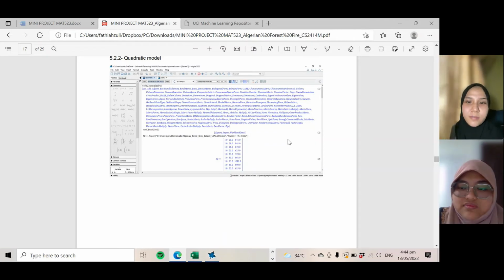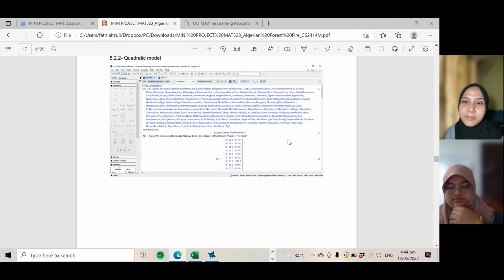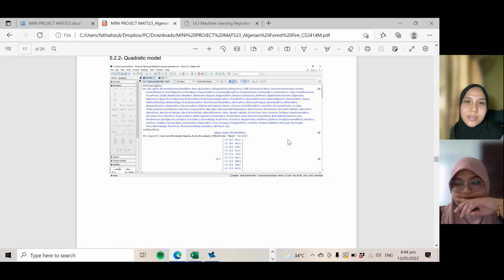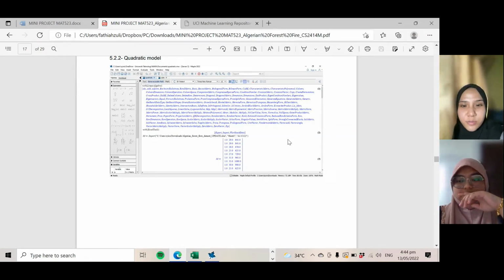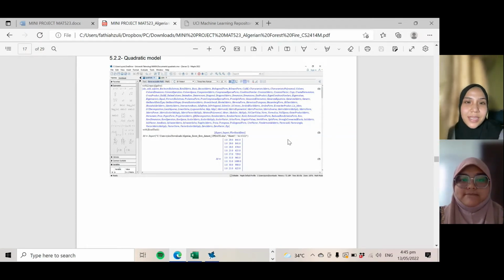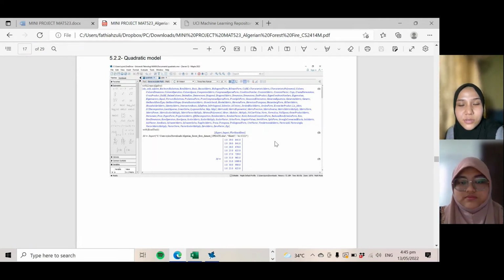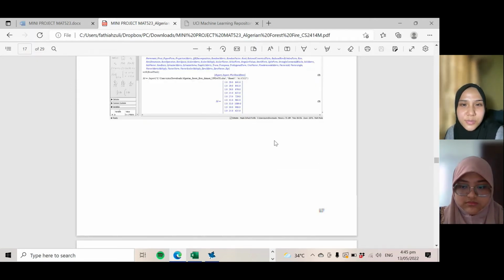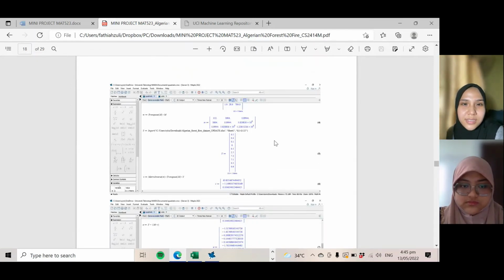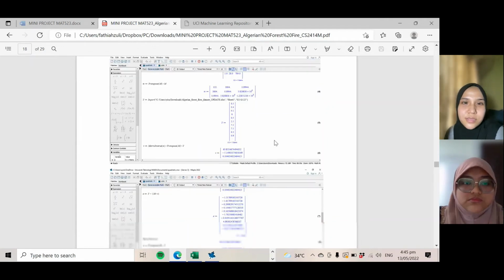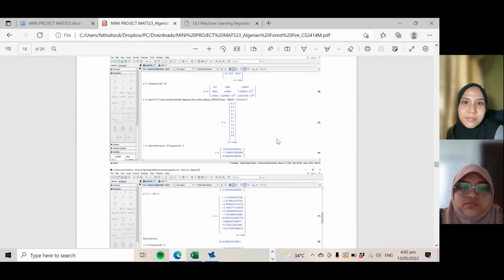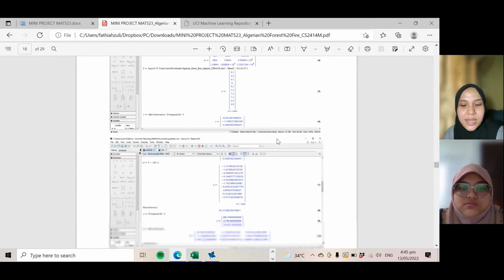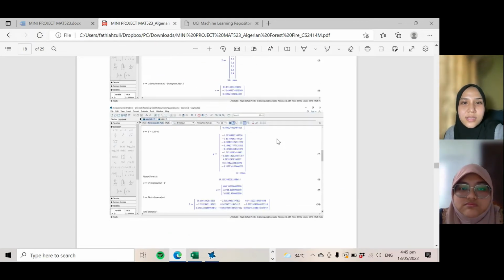In the quadratic model, we use the same coding and we search for the same things. We find the M matrix, we find the inverse of M transpose M times M transpose Y, which is V, the least squares solution.